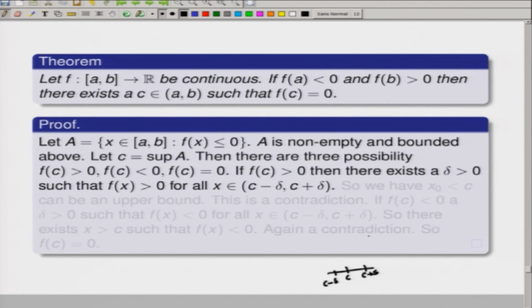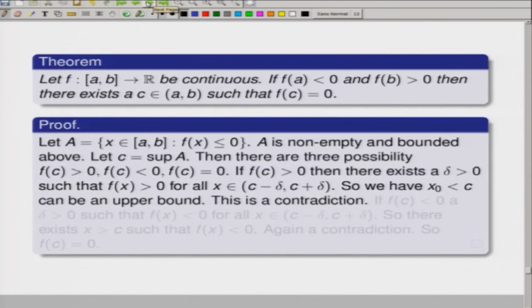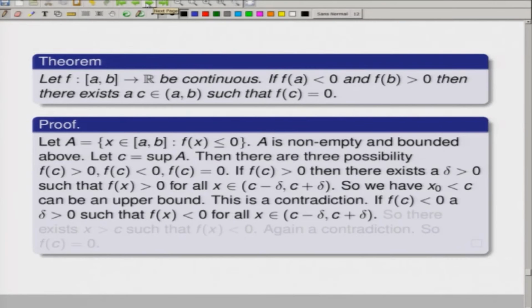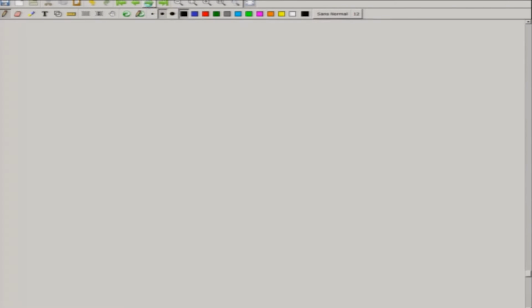Now, you see c is the least upper bound, so nothing below c can be an upper bound for that set, and this is going to contradict this. Similarly, if f(c) is less than 0, then you will get a contradiction, and therefore what you are left with is that f(c) has to be equal to 0.